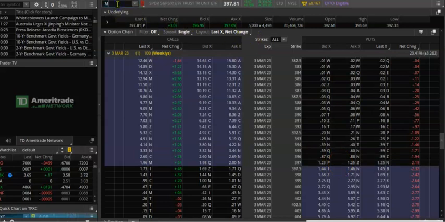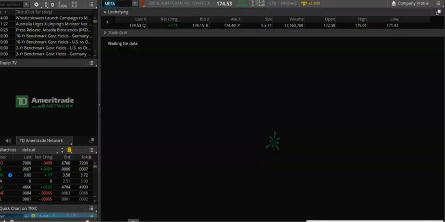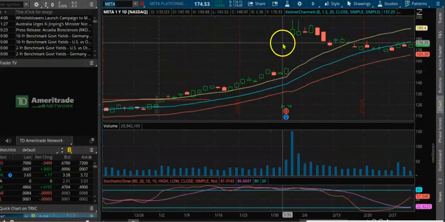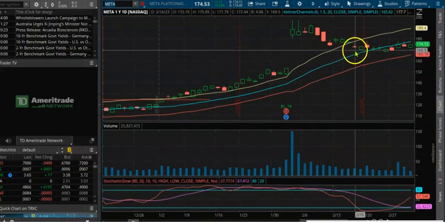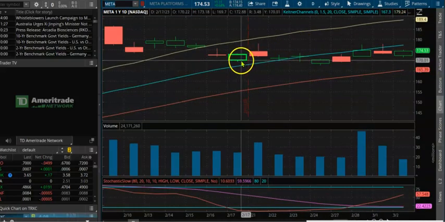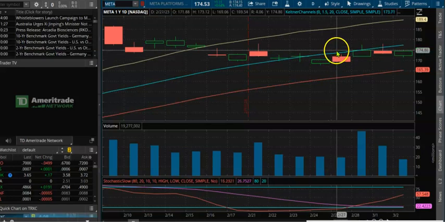Meta is another one of our favorite setups, because you see a gap up and you see it sold off. Whenever you see bottoming like this, you see it touched 160, and almost touched 160 today again before it got some volume and ran.